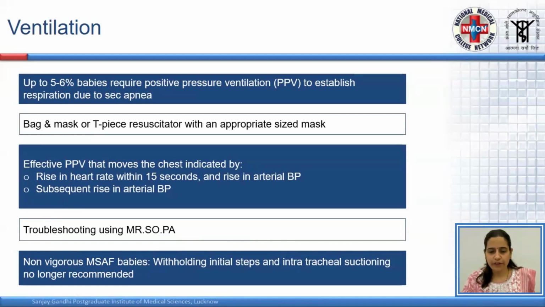But there is now enough evidence to prove that withholding the initial steps or provision of positive pressure ventilation to perform intratracheal suctioning is no longer recommended, because it delays the initiation of positive pressure ventilation, and precious moments may be lost during this process. So it is only recommended to do intratracheal suctioning if airway obstruction is suspected because of thick meconium, or you're not able to perform positive pressure ventilation efficiently.